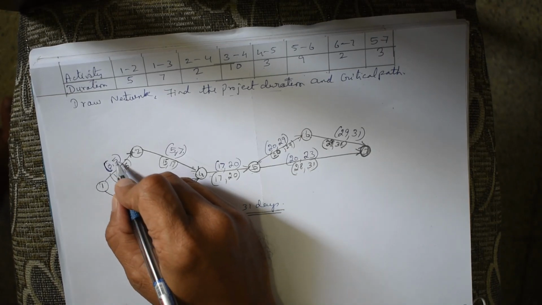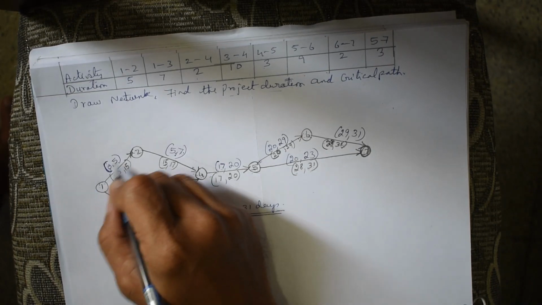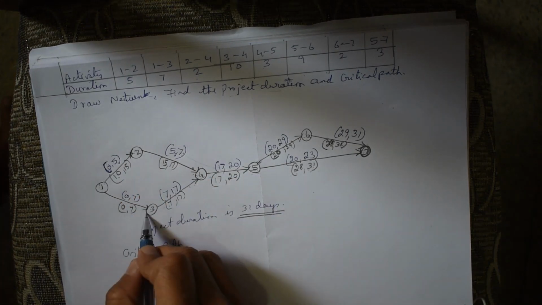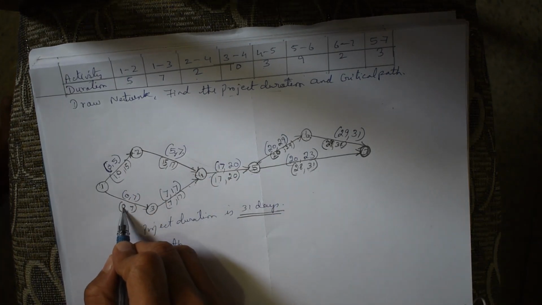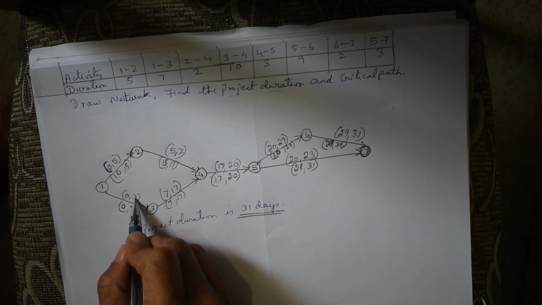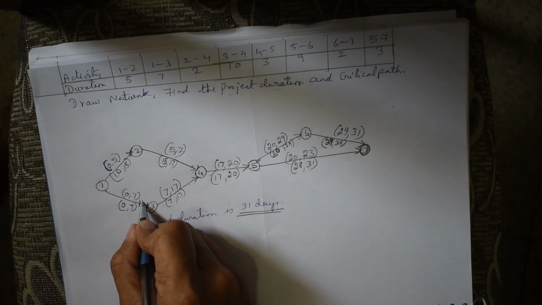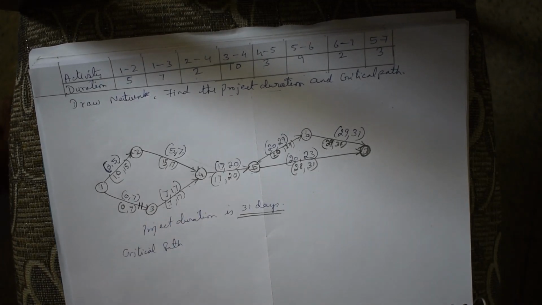EFT and LFT are not the same, which means it is not critical. 1 to 2 is called a non-critical activity, whereas for 1 to 3, EST is 0, LST is 0, EFT is 7, LFT is 7, which means they are equal, so this activity is critical.